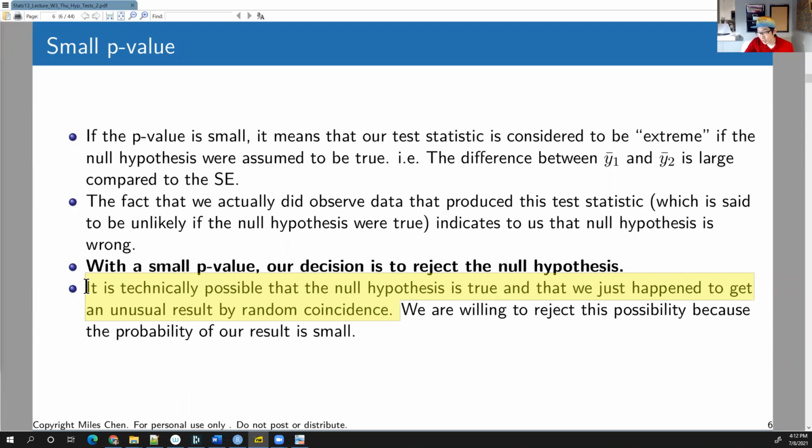But it could be that you just got that really weird, really low probability circumstance, that unlucky situation, and you make the wrong conclusion, right? We're willing to reject this possibility because that probability is small, but we do have to keep in mind that that's a possibility.